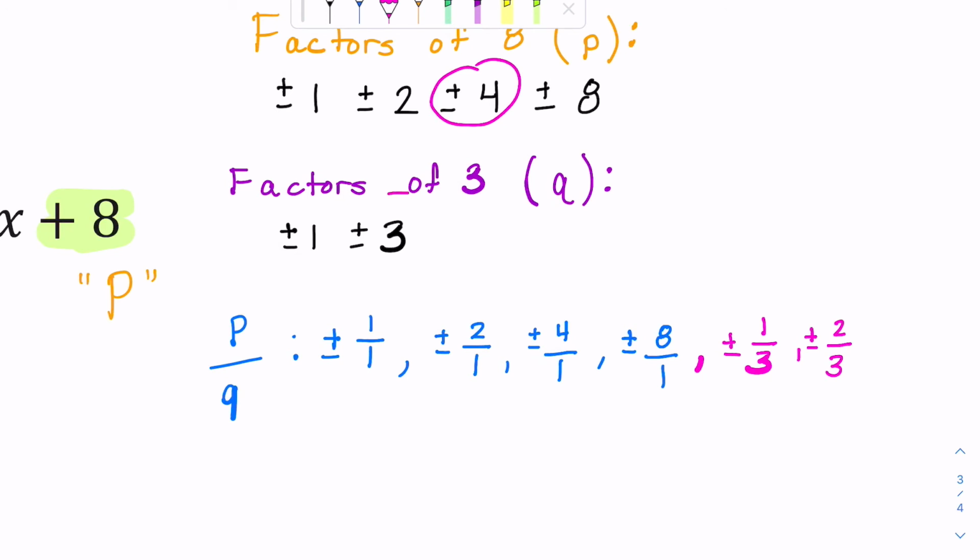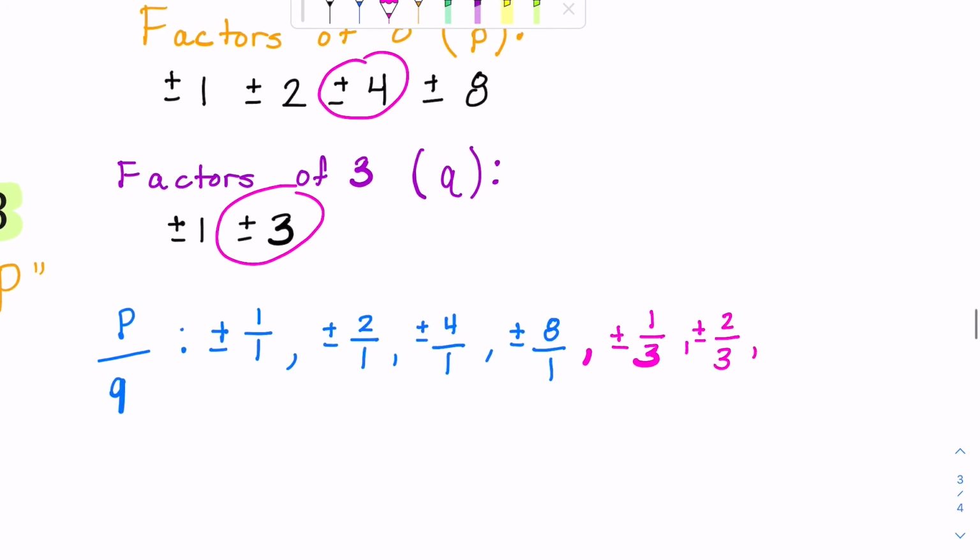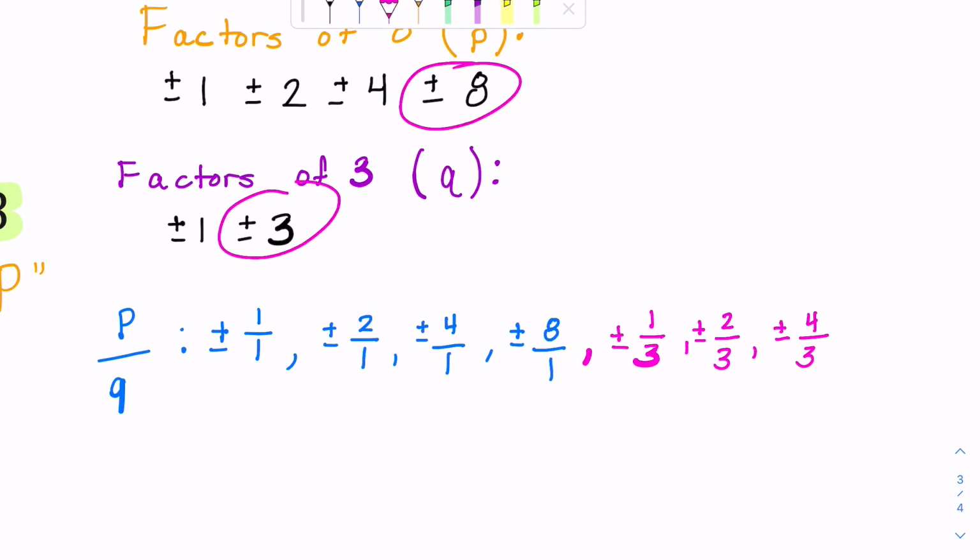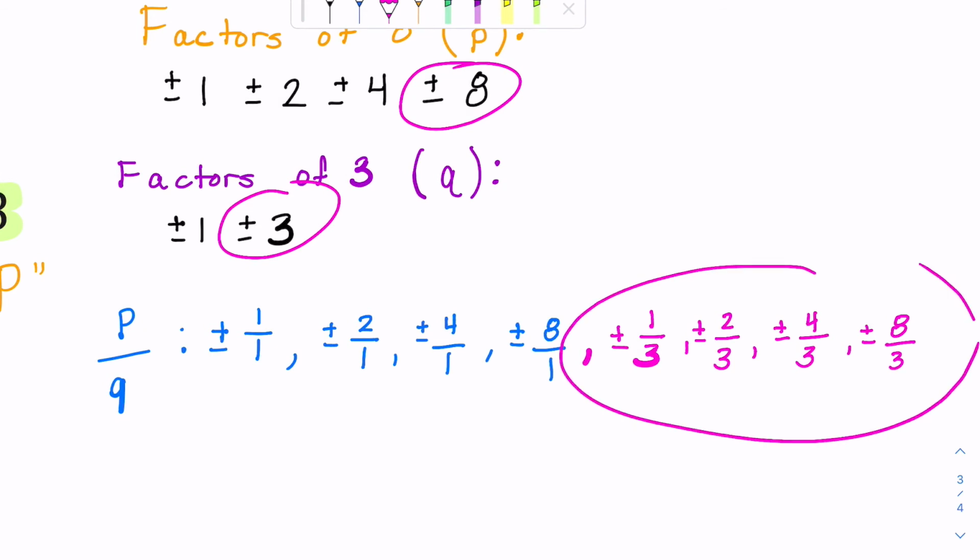Next, plus or minus 4 over plus or minus 3. And lastly, plus or minus 8 over plus or minus 3. So yes, these are fractions, and yes, sometimes you have to check fractions. It gets a little bit messy, but it's really not bad. I suggest always starting with your whole numbers.